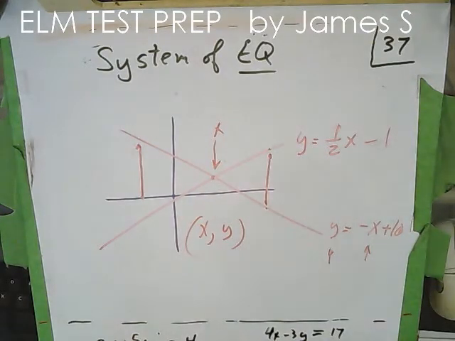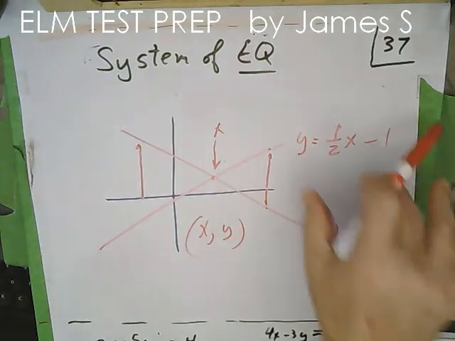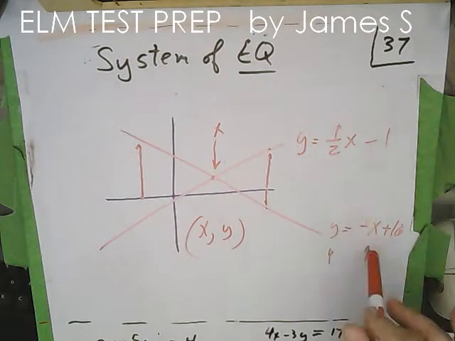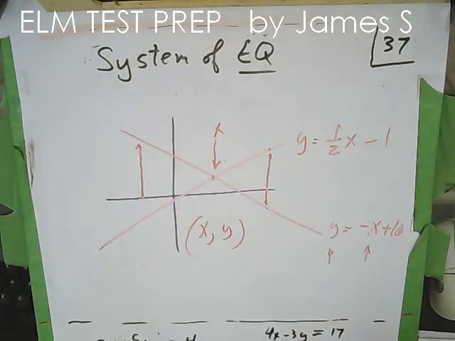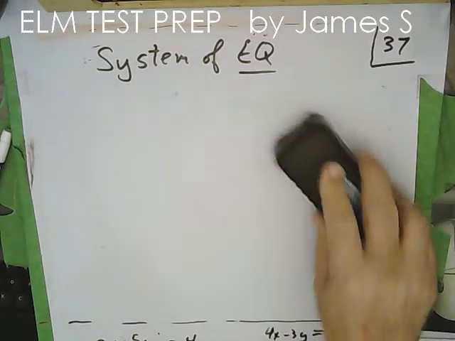So we call that the solution to our system. And as such, if the x and y equal each other, then this equation equals this equation. Y equals y, x equals x, and therefore this equation equals that equation. That will be the way in which we will solve our system.